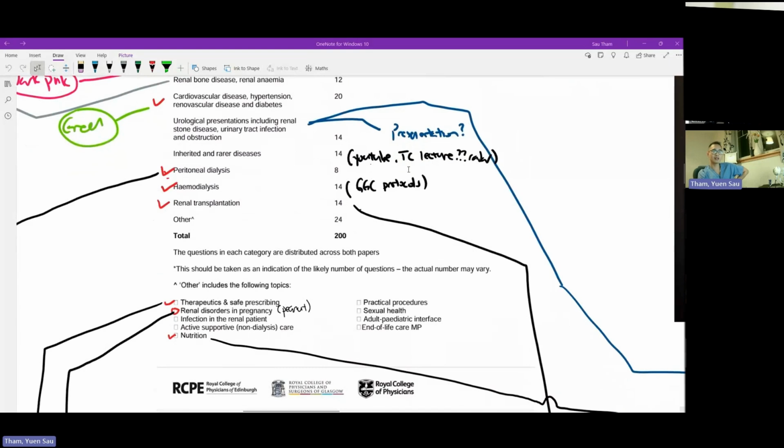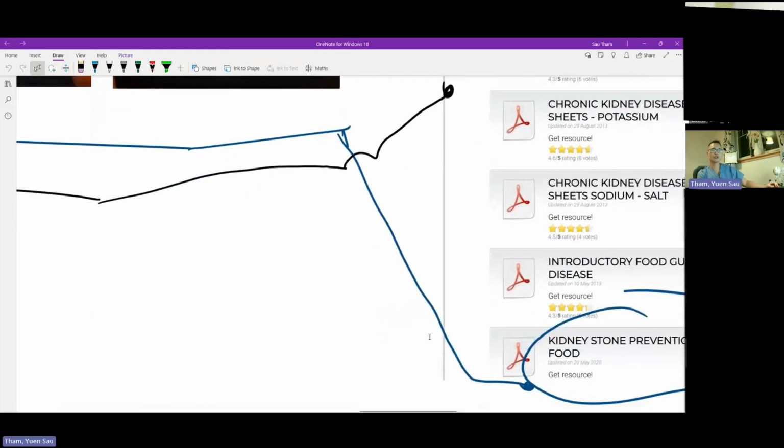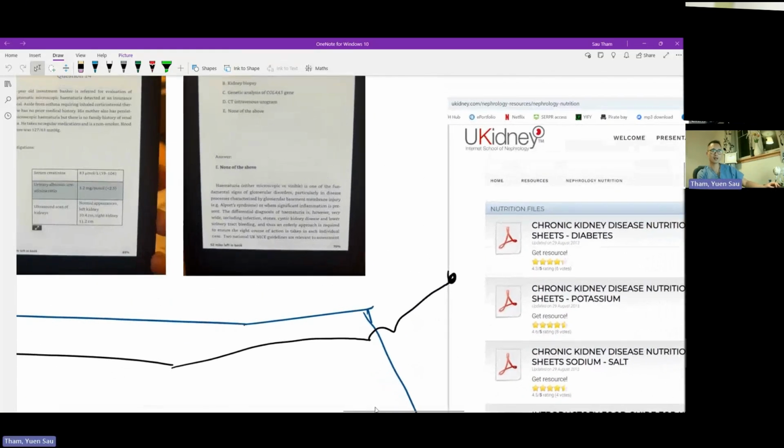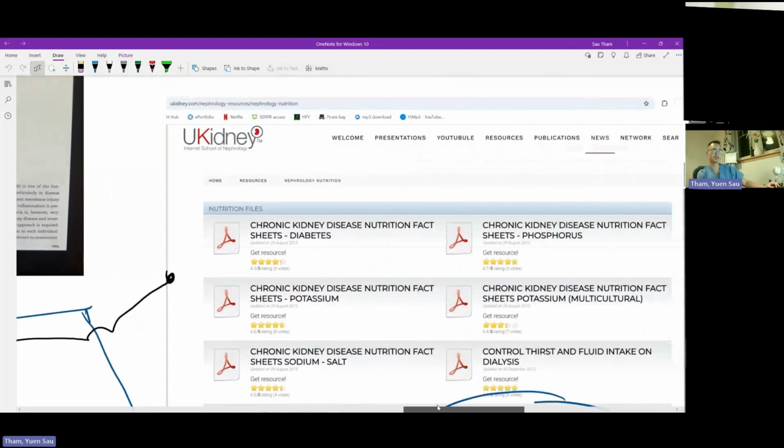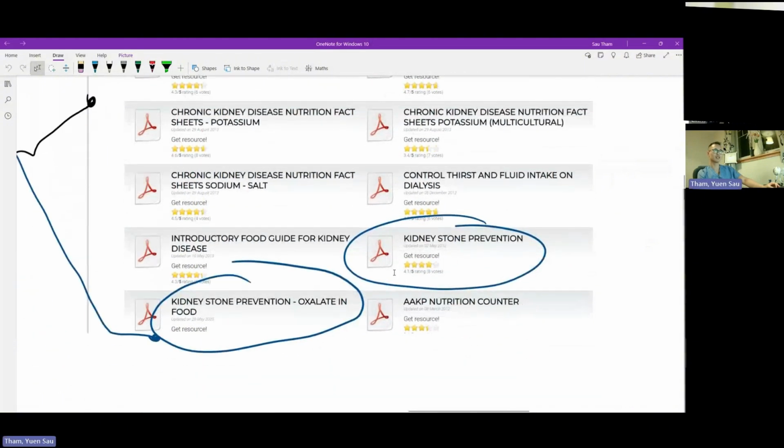I've got a blue line here, and that is pointing to UKidney. This is the other website that's been pretty helpful. The website's over here. They've got kidney stone prevention, obviously. I think these are pretty good resources. I didn't actually use them.